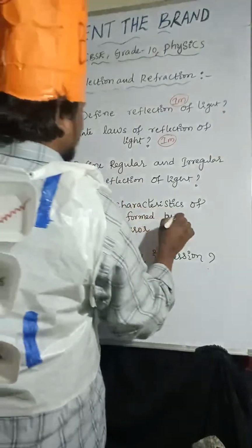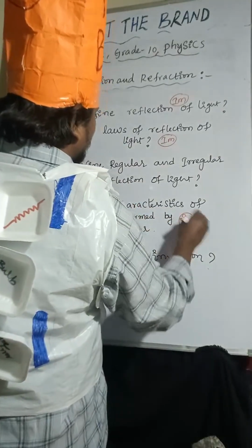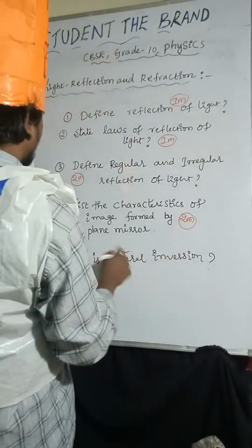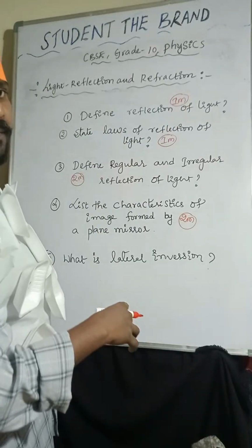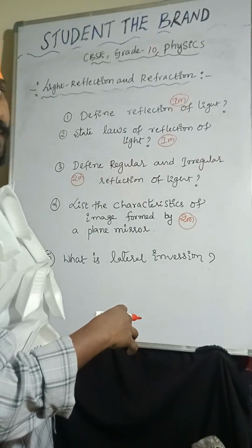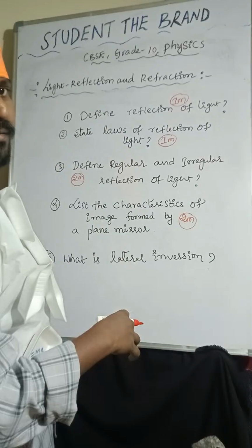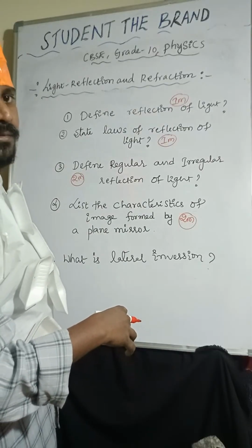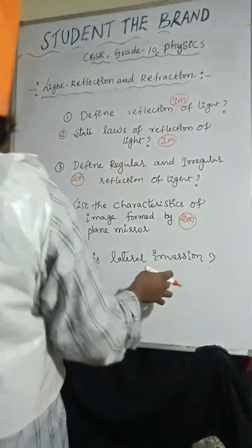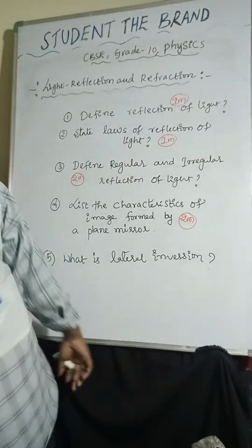And list the characteristics of the image formed by the plane mirror is 2 marks. And lateral inversion, maybe 1 mark, they will ask for 1 mark.